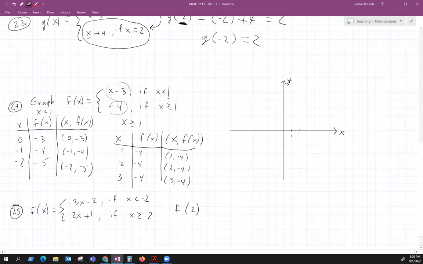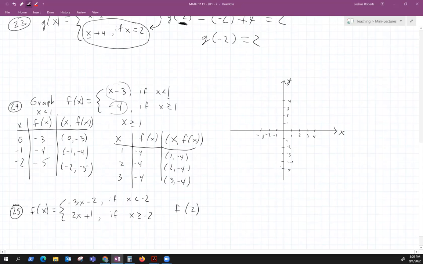So here's 1, 2, 3, 4, -1, -2, -3, 1, 2, 3, 4, -1, -2, -3, -4, -5, and so on.